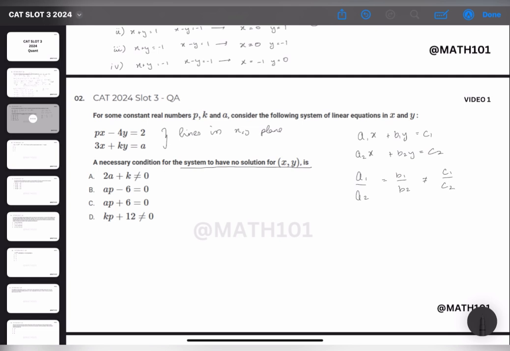So applying this condition here, we get p upon 3 equals minus 4 upon k, which is not equal to 2 upon a.